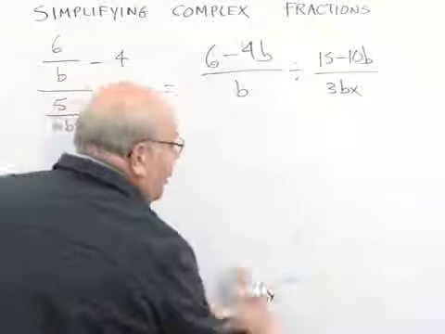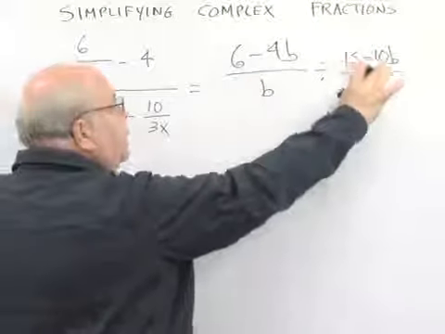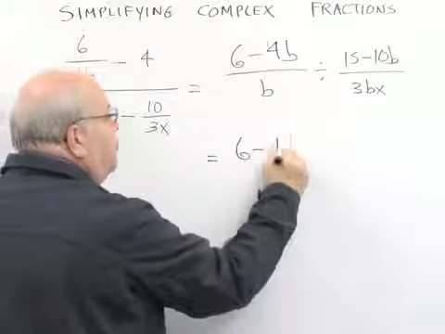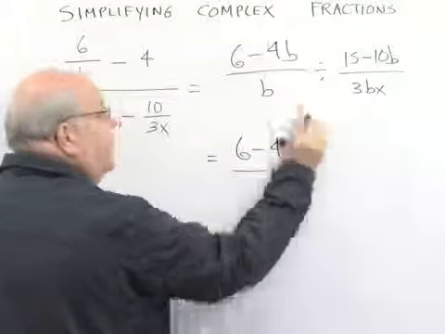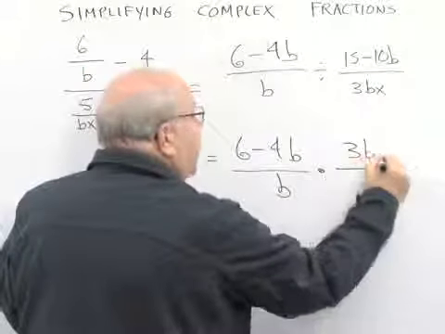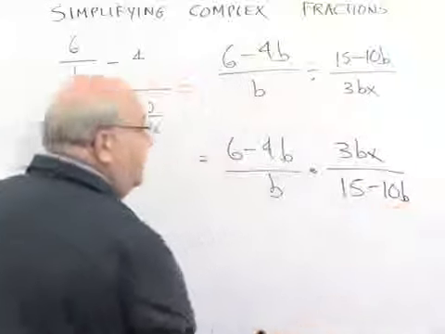Now, as we do our division, the first fraction is multiplied by the reciprocal of the second one. So we have 6 minus 4b over b, and instead of divided, we're multiplying by 3bx over 15 minus 10b.